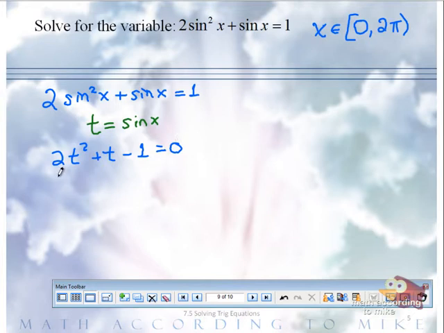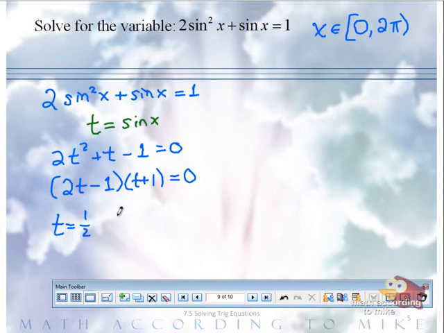How does it factor? Good. 2t minus 1, t plus 1. So solving for t, we would get t equal to a half, and t is negative 1.